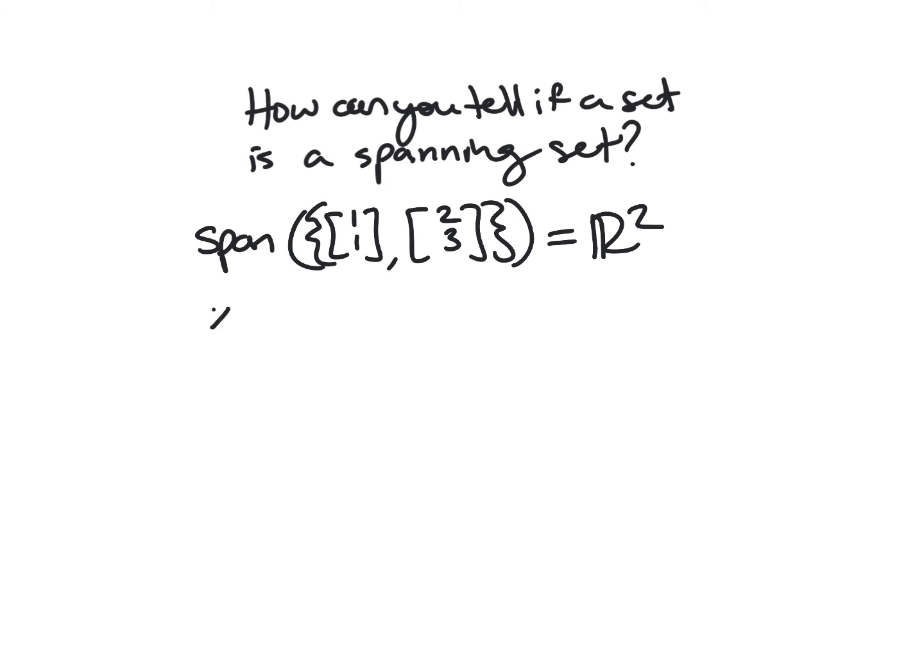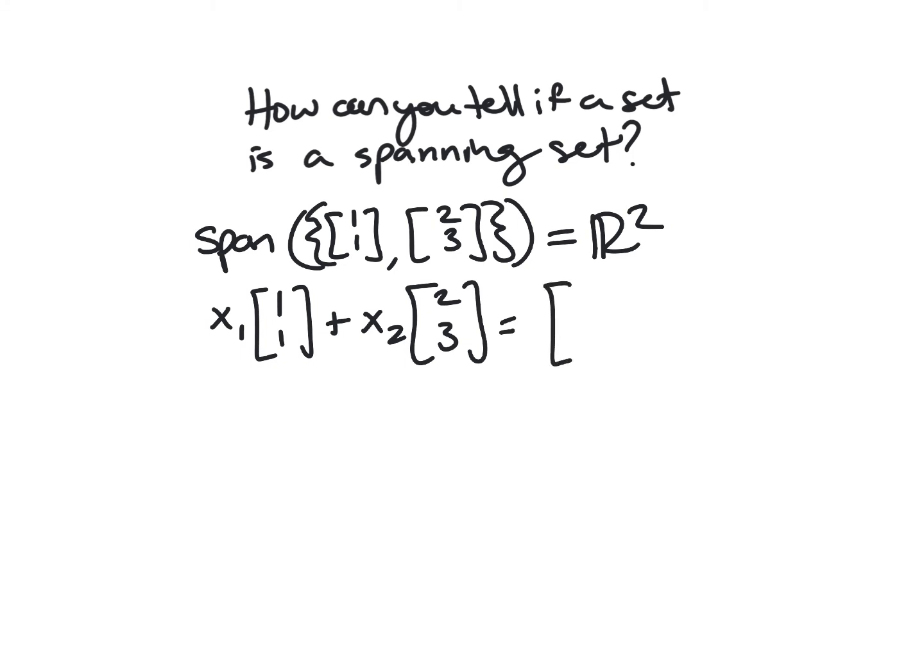That means that everything is going to look like, and here I'm going to use this for a reason because we're going to translate this actually into a linear system. So it's some coefficient in front of (1, 1) plus some coefficient in front of (2, 3), right? Equals anything that I want. So I'll just say a general thing in R2 looks like (a, b). You can call it (x, y), whatever.